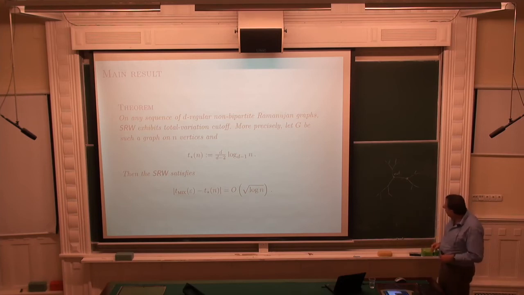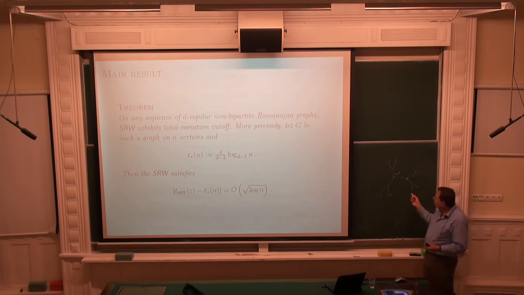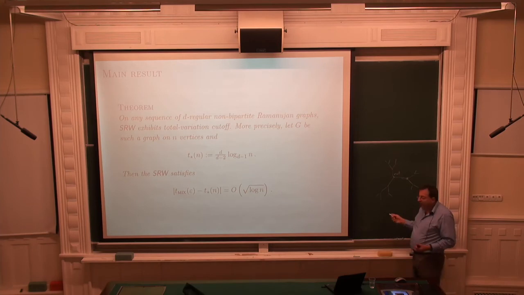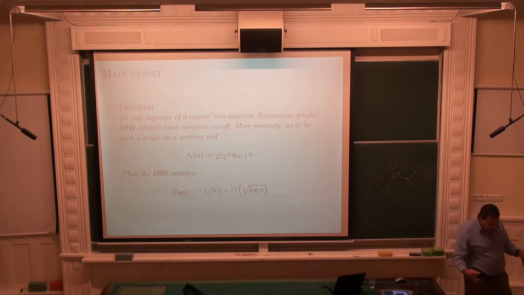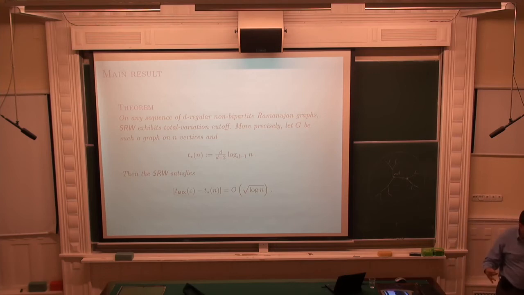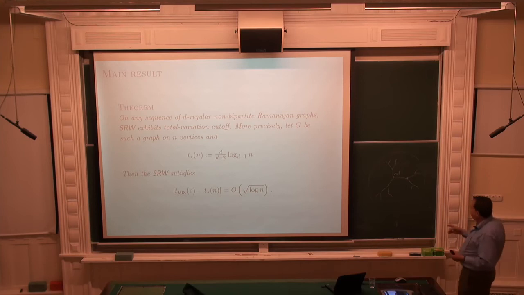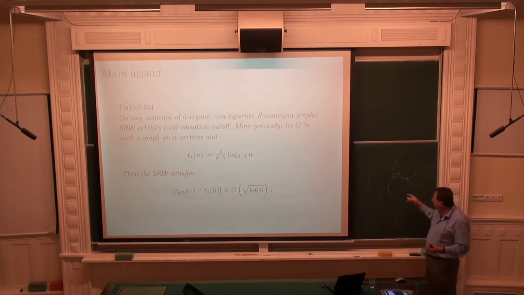Now, in order to mix in this graph, we have to be able to reach most vertices, and we said already that the diameter is at least log base d minus 1 of n, but if you look at a smaller distance, then only a small proportion of the vertices will be there. So the distance from the root, in order to mix, has to reach this log d minus 1 n.